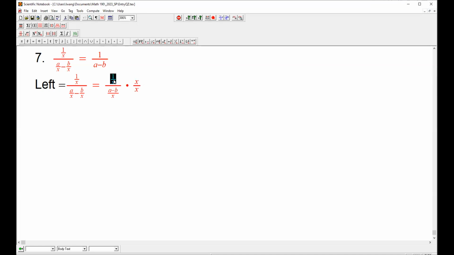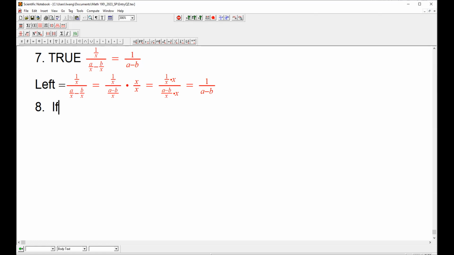So 1 over x times x over the denominator multiplied by x. You can see x and x will reduce. As a result, we are getting 1 over a minus b. So this is a true statement. Number 7, done.